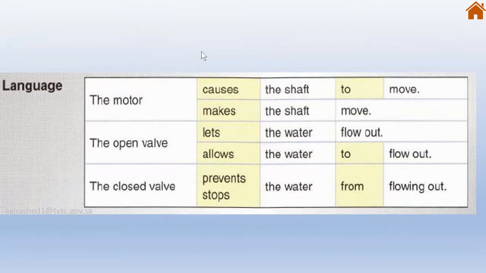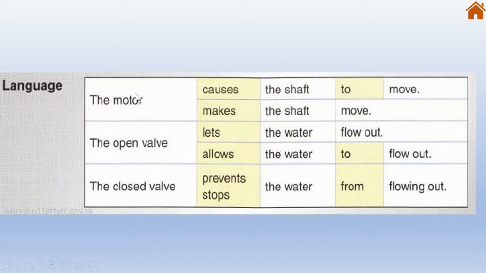Okay, so instead of saying Ahmed is crying, if you want to provide the reason, maybe because he is angry. So anger is the reason. You put anger at the beginning of the sentence. So you'd say anger causes, because anger is singular, causes the person or Ali or any noun to, and then you mention the verb.